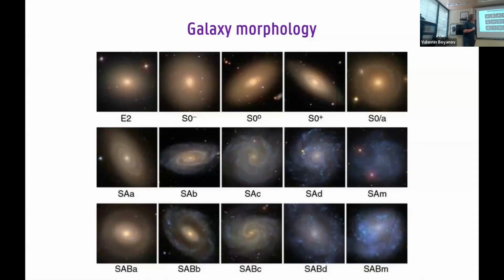For example, there's a huge diversity in galaxy morphology. You have the Hubble tuning fork. You have galaxies that are completely roundish without a lot of structure. You have galaxies that are very clumpy and spirally and even less regular than that. One thing we want to investigate is why we have these different structures.